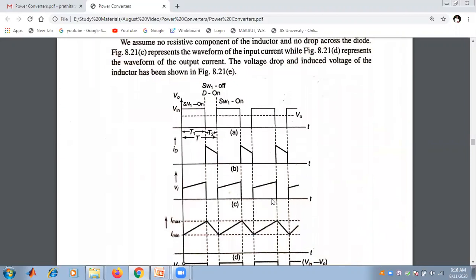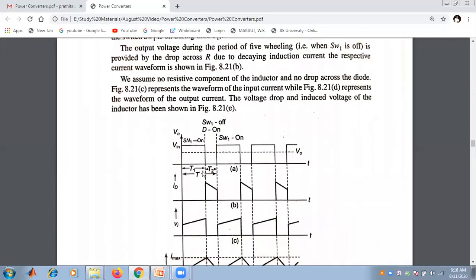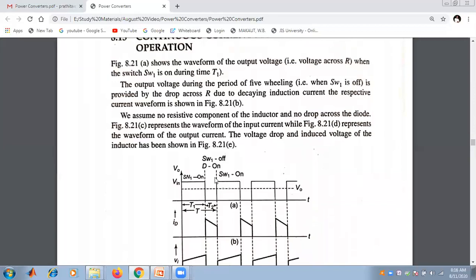So this is the general voltage and current waveform for the buck converter for the time t1 and the time t2. In the output voltage versus time graph, this is when switch 1 is on, this is when switch 1 is off, and again when switch 1 is on.